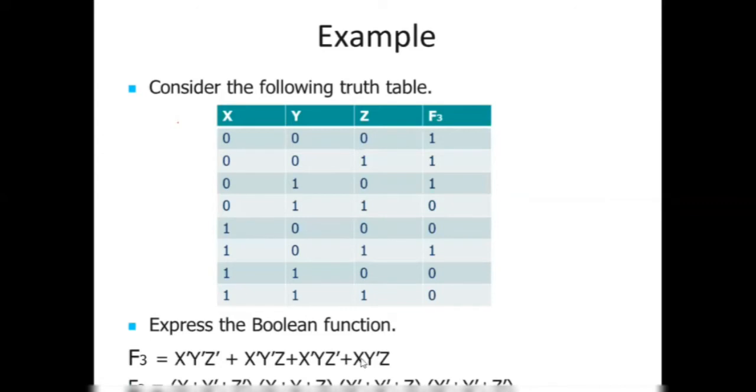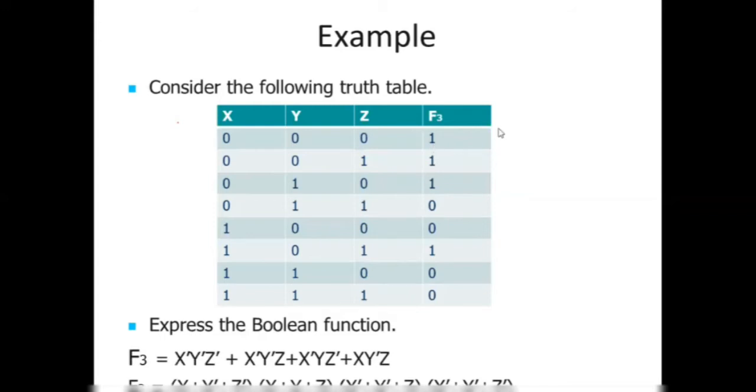It's given here. When you are using min terms, you have to consider the ones. When you are considering max terms, you have to consider the zeros in each and every column.